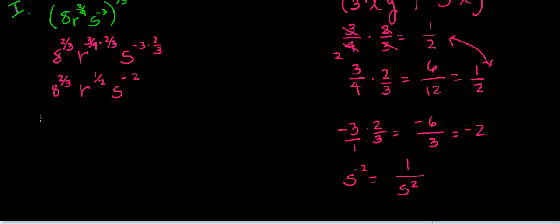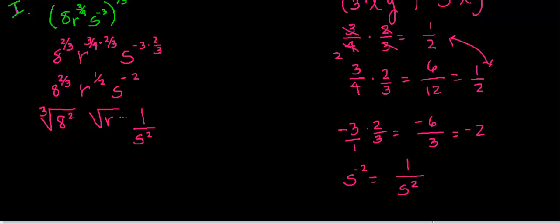And if I write this as a radical, remember, we take our 8, which is the base, that becomes our radicand. The numerator of this fraction is your exponent, and the denominator is your root or your index. Okay, the same thing for r. r to the 1/2 power, I can rewrite that as the square root of r. And s to the -2 power, that's the same thing as 1 over s squared.